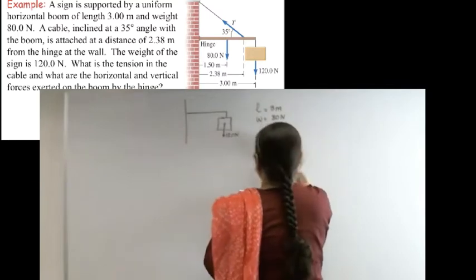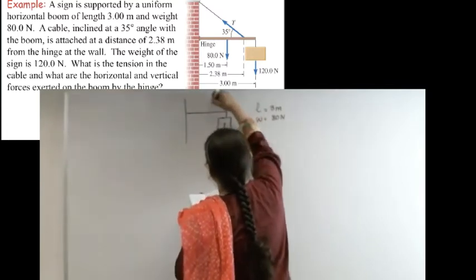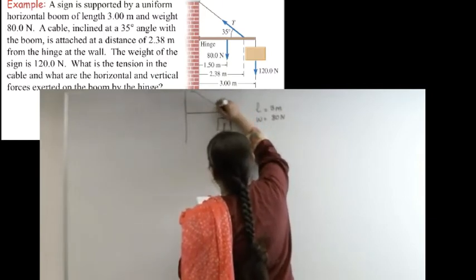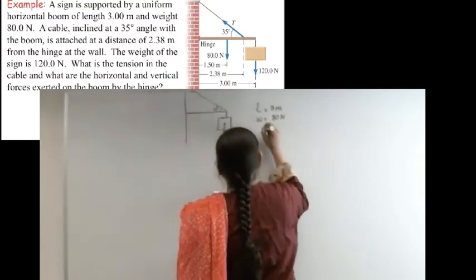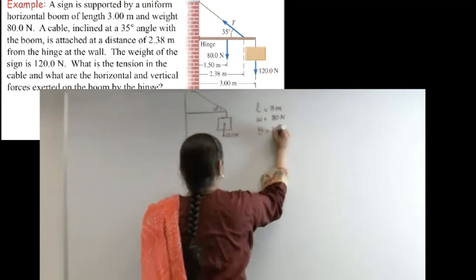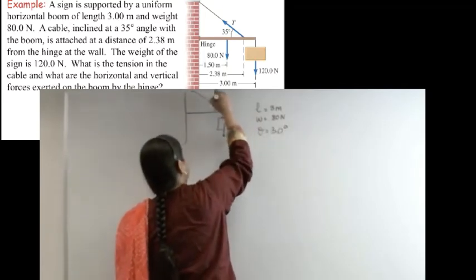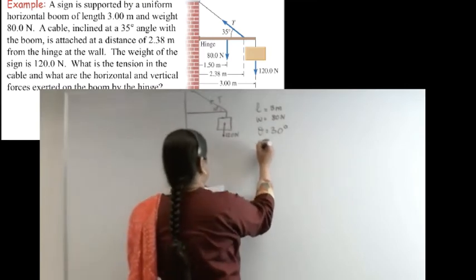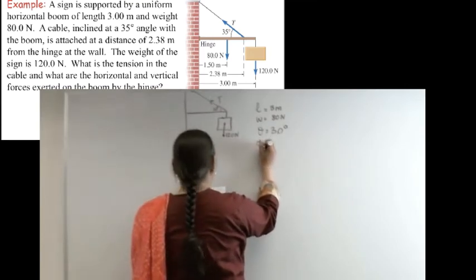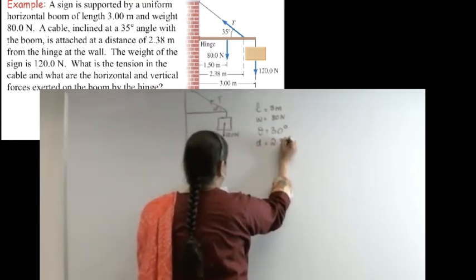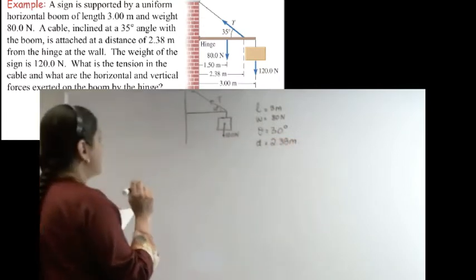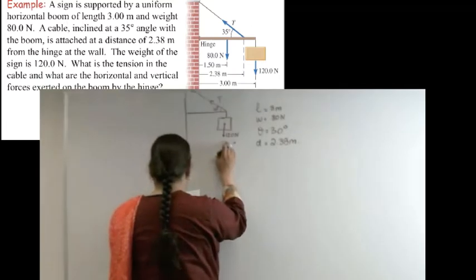And it says that the cable that connects it up here is at an angle of 30 degrees. So the cable angle is 30 degrees, and the tension is going to be pointing upwards. And the distance is going to be 2.38 meters. Then it says that the sign weighs 120 newtons.